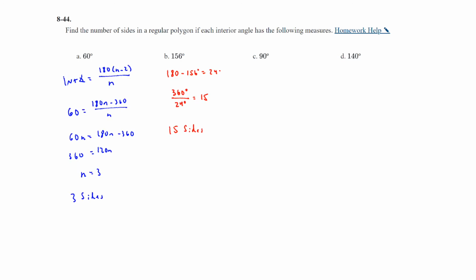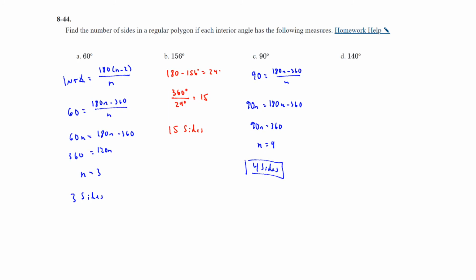But if you go through the algebra, you have 90 is equal to (180n minus 360) divided by n, multiply by n, and then this gives us 90n is equal to 360, divide, and you get 4. So this one you might not need to show your work on, just understanding that because it is 90 degrees, they're going to create right angles. But either way is fine.